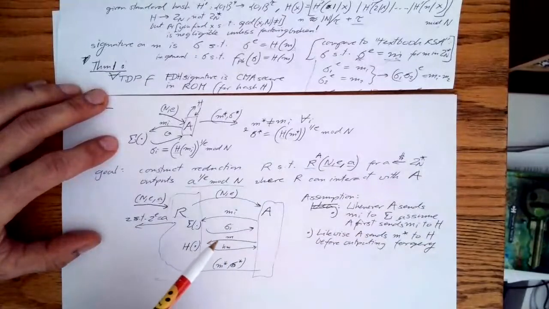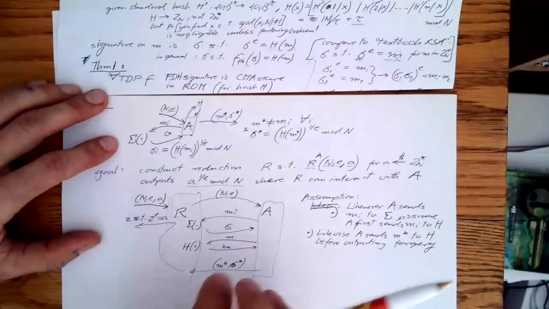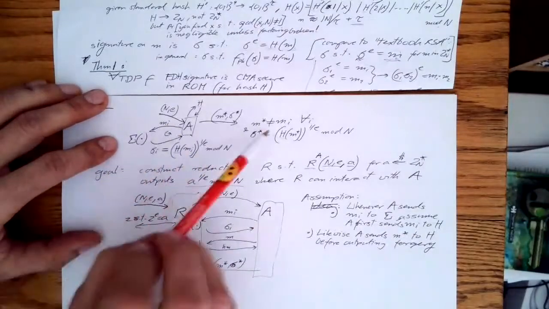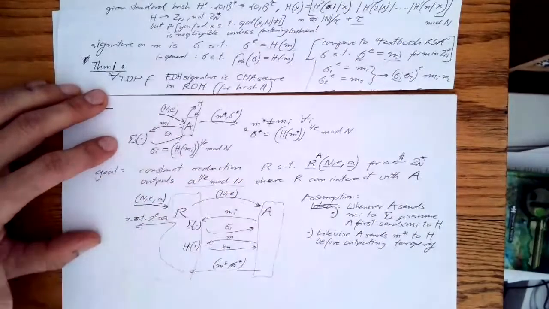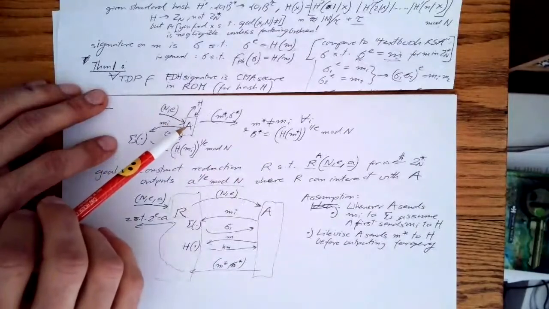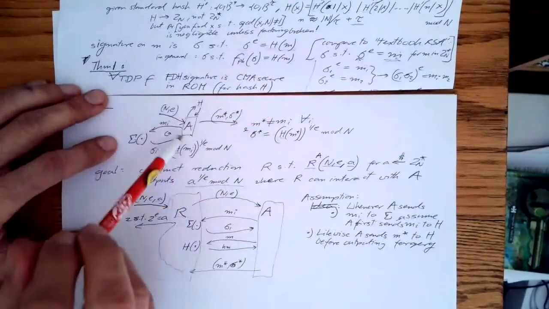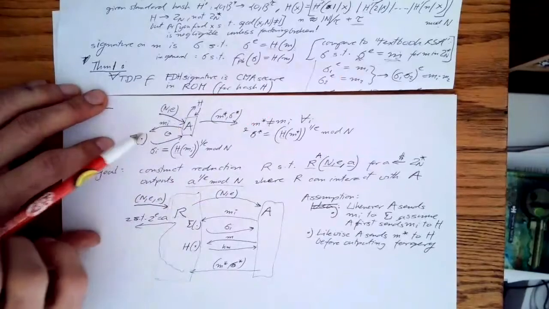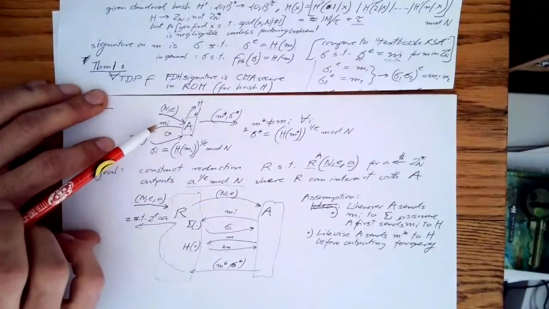Because let's say that this attacker exists, okay, that survives this and creates a valid forgery. Let's now build a generic wrapper around this attacker, an A prime. A prime does this.